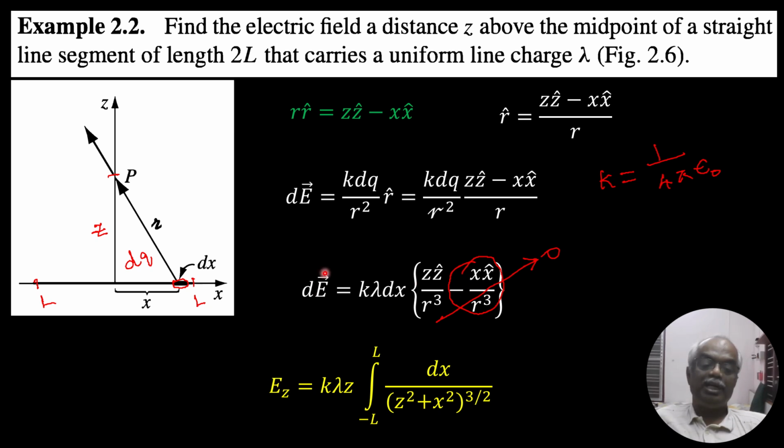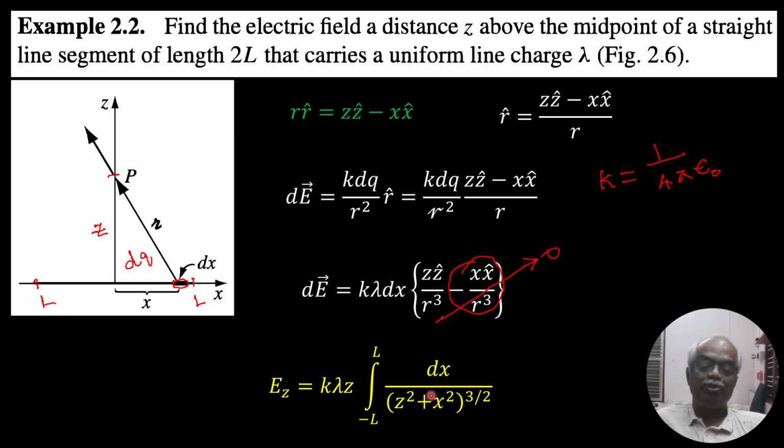So if you integrate this, you will get the total electric field Ez, and k lambda. Here you have z. You can take z outside and integrate between minus L to plus L. Here you have dx and r cubed. We know r is equal to z squared plus x squared, to the power 1 over 2.